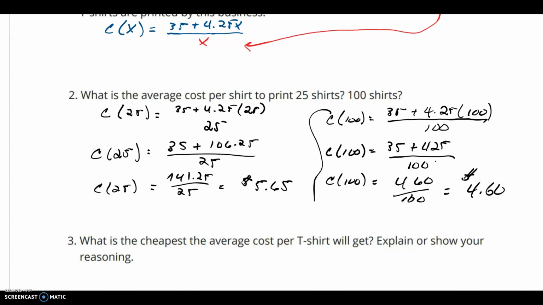Notice, the more t-shirts I buy, the less the cost per t-shirt, and that makes sense.